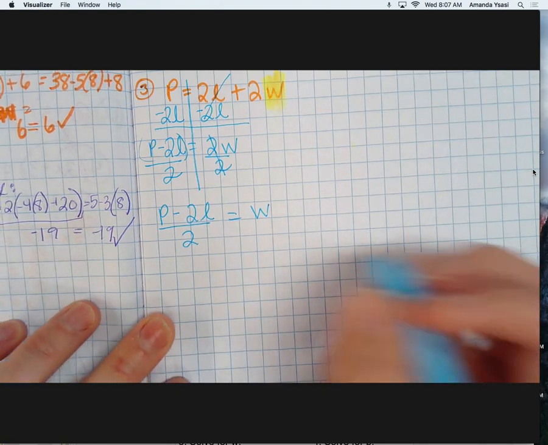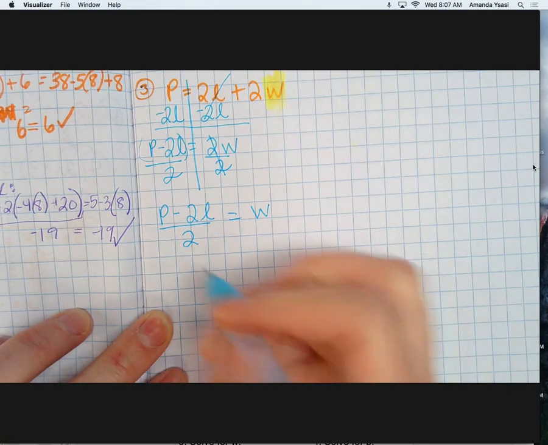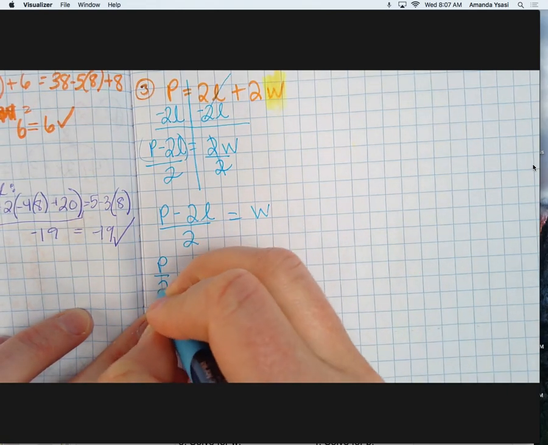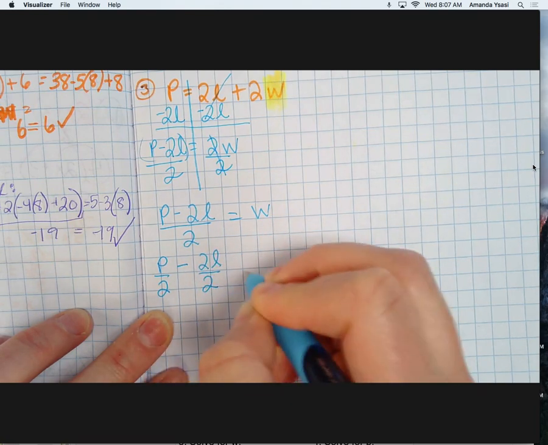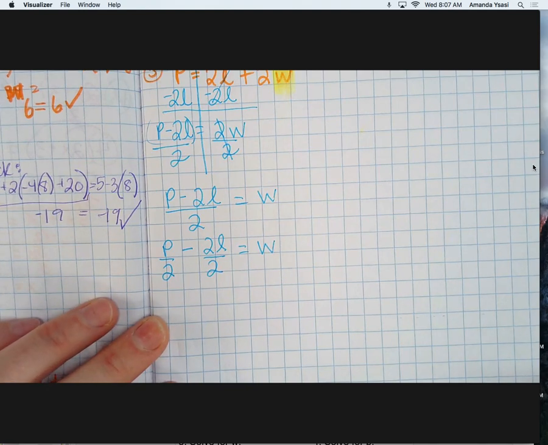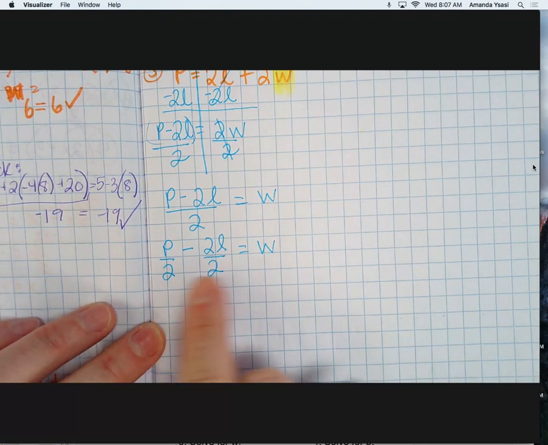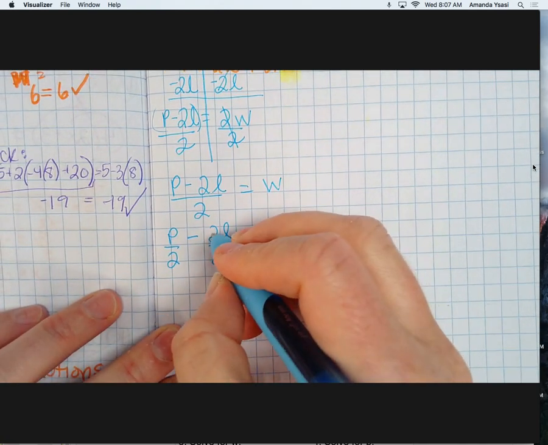Or we could simplify it as each numerator over the denominator. So it'd be P over 2 minus 2L over 2. Because you can separate numerators like that if they have like denominators. And then there's one more thing we could do.